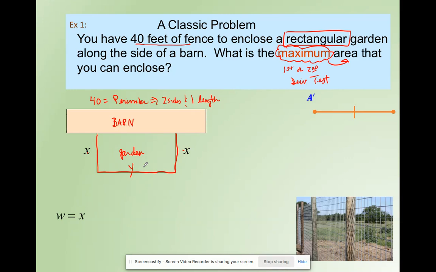I need an equation in terms of x only. So how can I write this length in terms of x? Well, look at what I have here. My perimeter, 40, is equal to 2 x's plus that length, y. Well, what is y then?